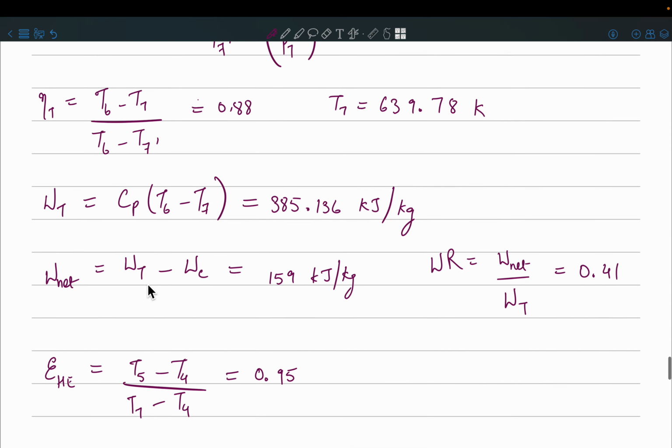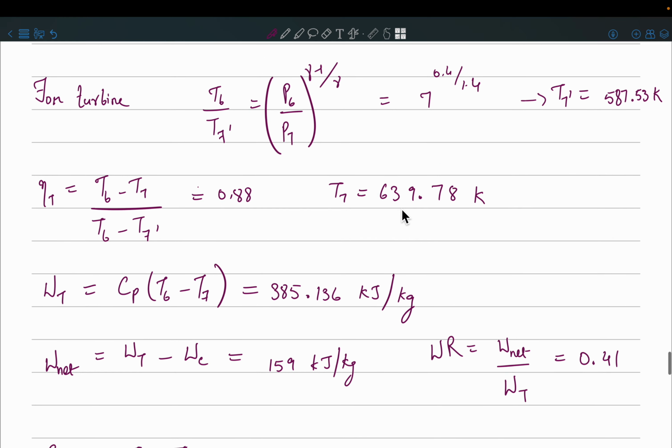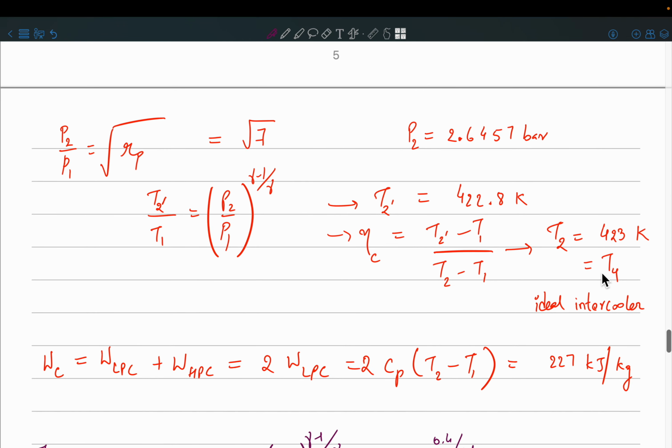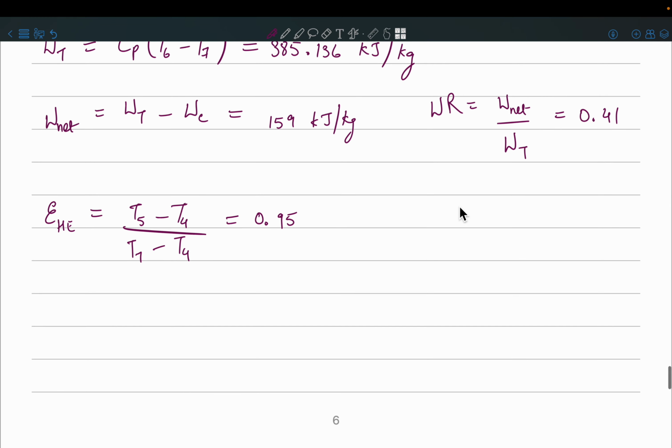We just found it over here from the turbine. And then we also have the value of T4, which we found from the compressor. Okay, so the only thing we don't know is T5. So we can find T5 using this definition and the given value of the efficiency of the heat exchanger. And T5 turns out to be 628.93 Kelvin.